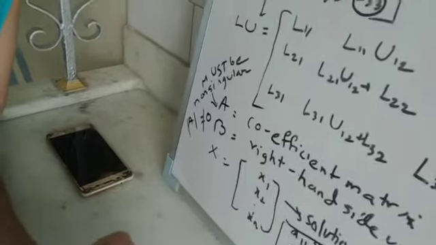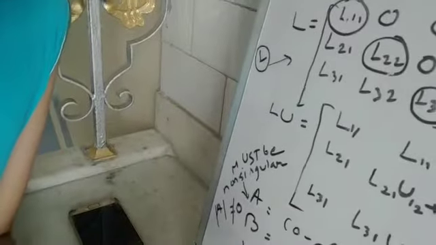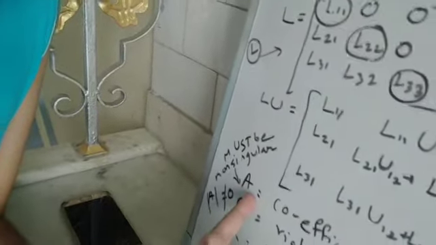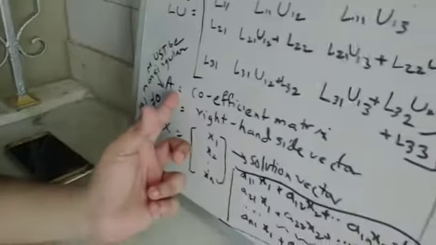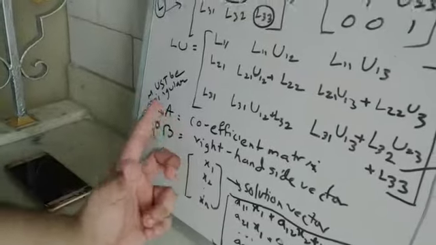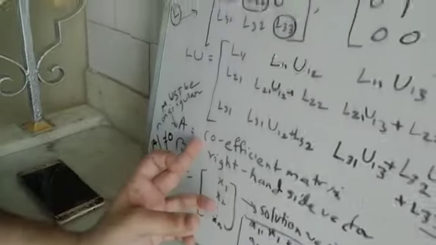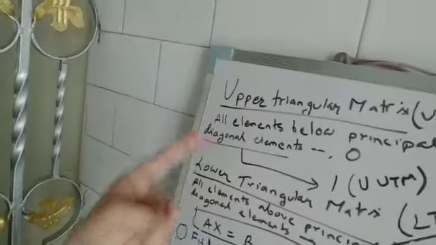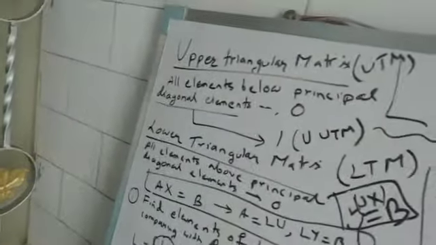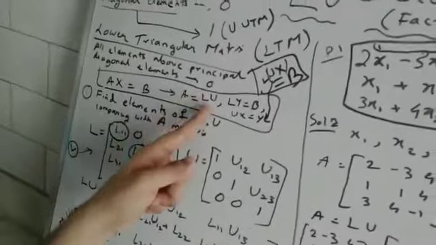From your high school mathematics, if A is a non-singular matrix, you can write it as a product of an upper triangular matrix and a lower triangular matrix. This one I have written as U, and this one I have written as L. So A is equal to LU.